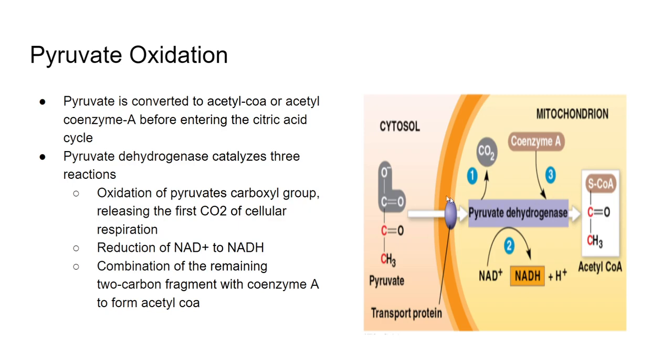And the combination of those two carbon fragments with coenzyme A allows us to form acetyl-CoA. We have this two carbon fragment, which we were talking about earlier, and then we have coenzyme A coming in and attaching to that. And this will be very important when we get into the citric acid cycle.